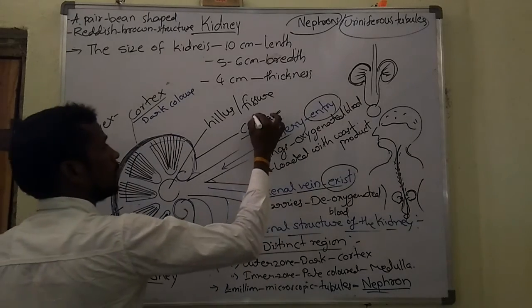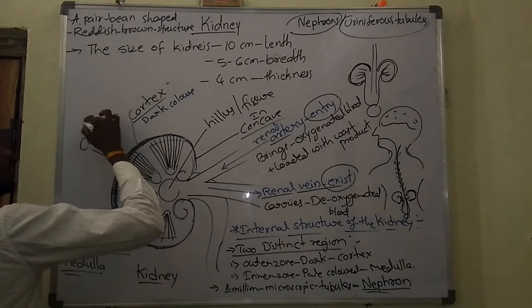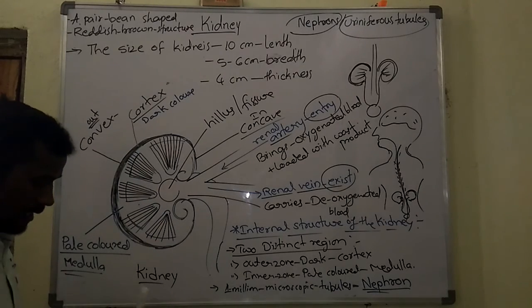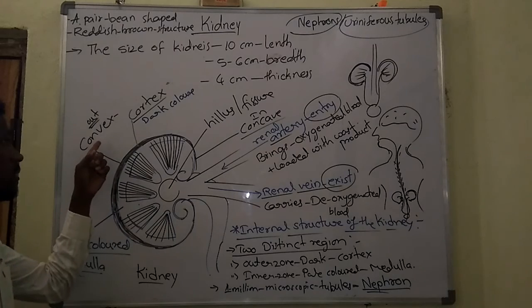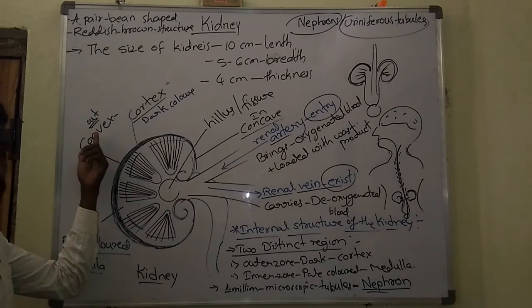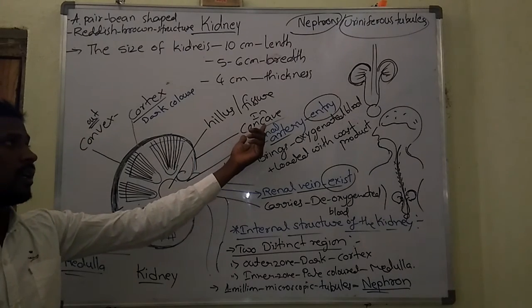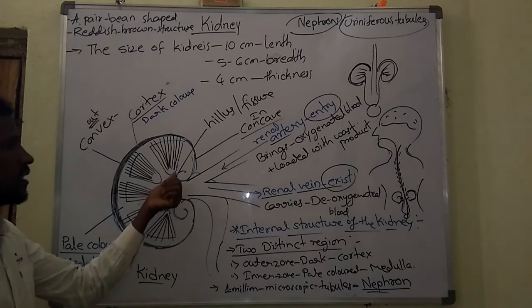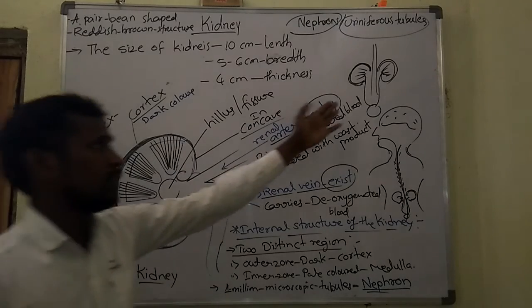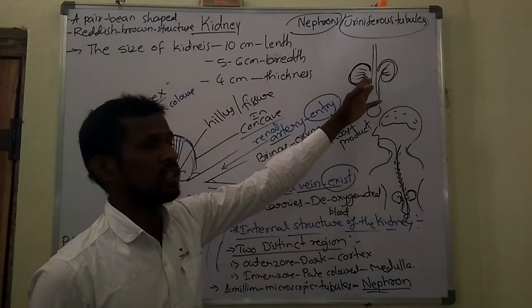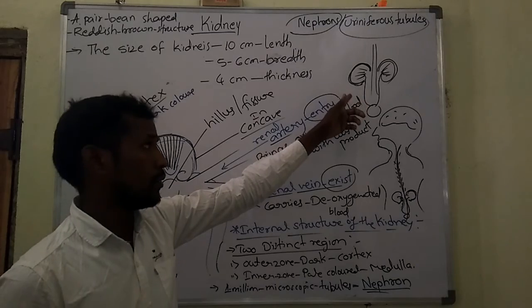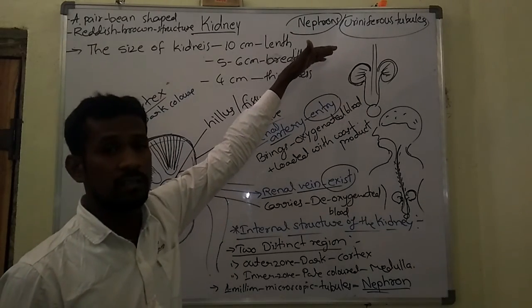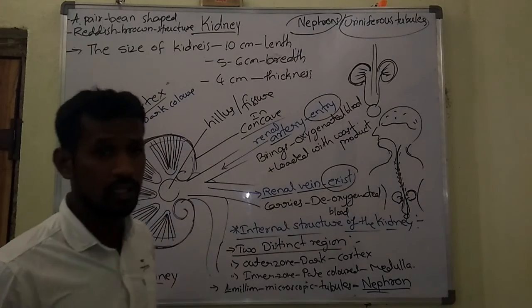The right kidney is positioned lower than the left kidney due to the presence of the liver above it.